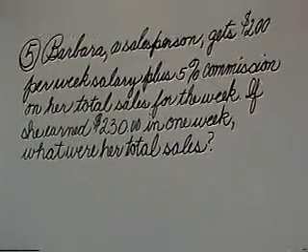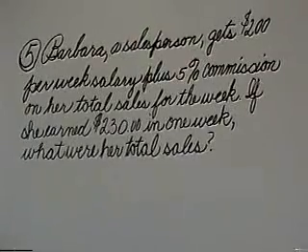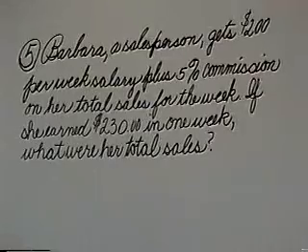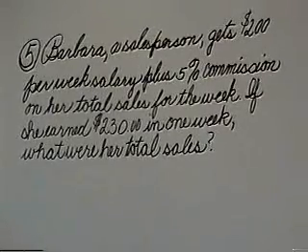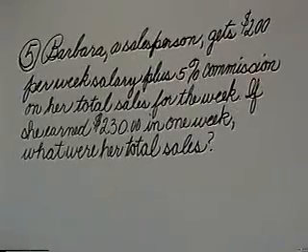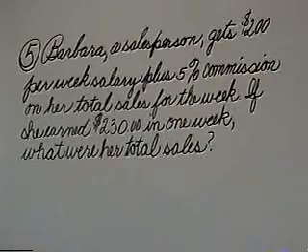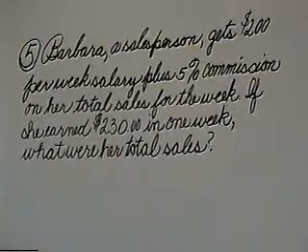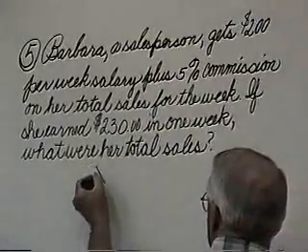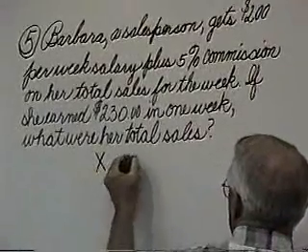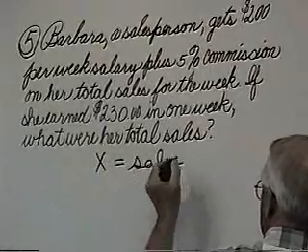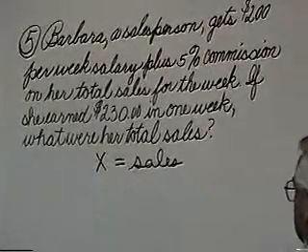She's going to get $200, plus that, so we're going to add to that 5% of, which means 5% times her total sales. The question is, what are her sales? Reading that several times, there's only one unknown. So X is going to equal what her sales will be.